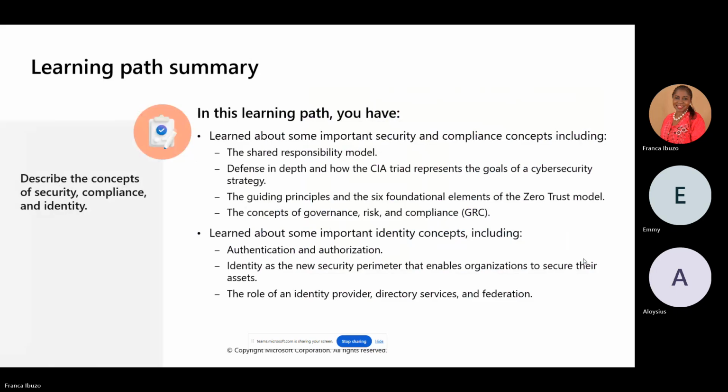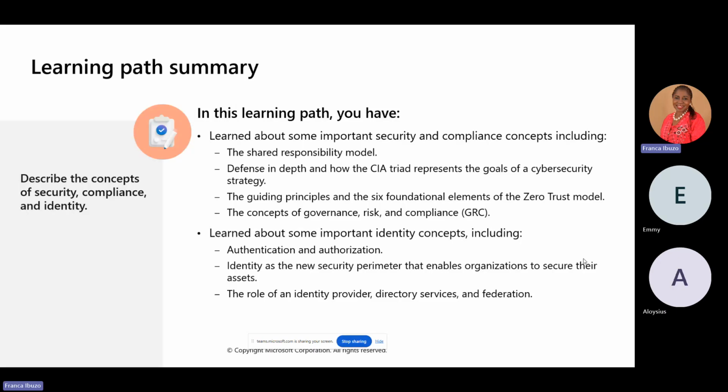No. Availability. Yes, availability. Confidentiality, integrity, and availability. Remember CIA.